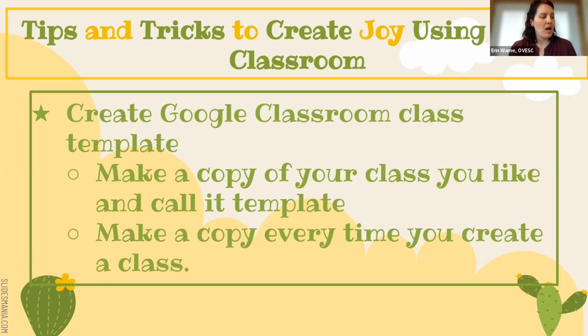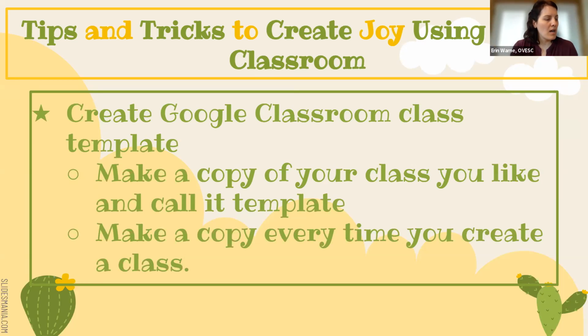Now, items that will copy are the title, the section, a description, the course subjects, topics, classwork, and grading system. Those things will copy. Now, they will all be in draft mode, which means when you click on them, you can edit them to make the dates or make any changes that you need.